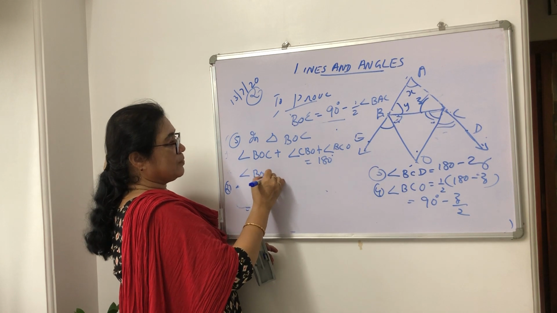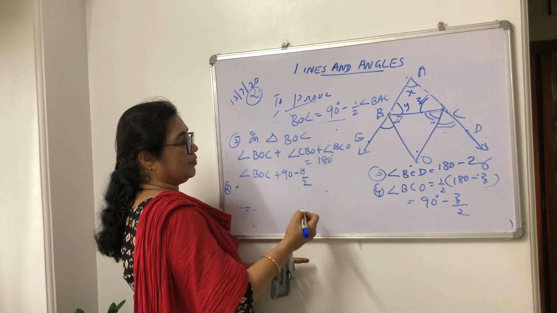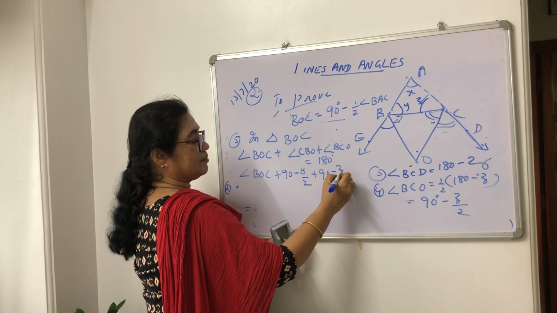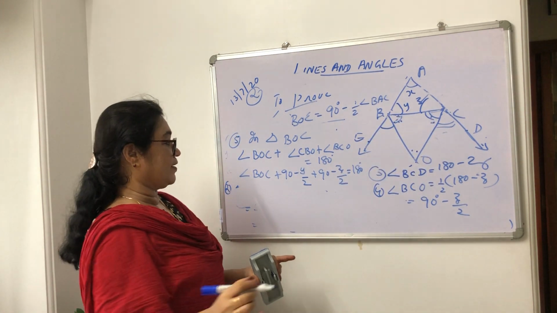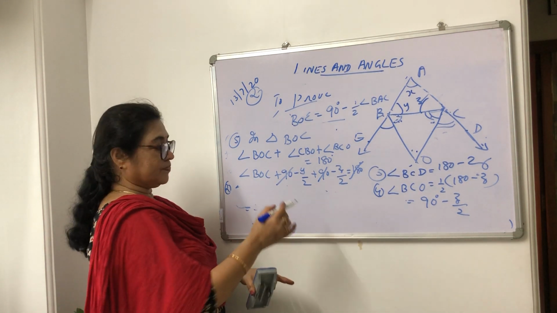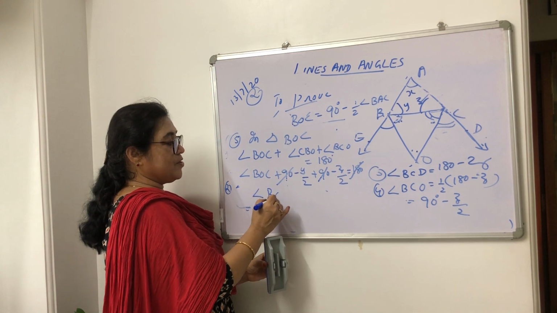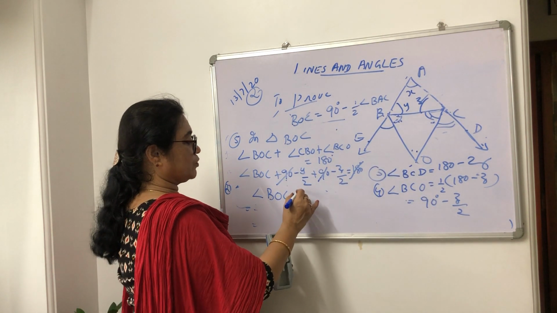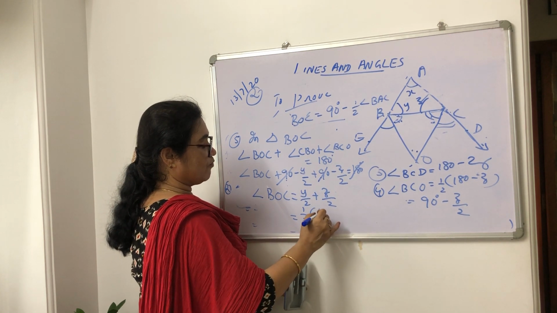So angle BOC plus CBO, which is 90 minus Y by 2, plus BCO, which is 90 minus Z by 2, equals 180. The 90 plus 90 is 180, and 180 on this side also, so it is cancelled. So angle BOC, you take Y by 2 and Z by 2 to the other side and it becomes positive. Y by 2 plus Z by 2 can be written as half of Y plus Z.